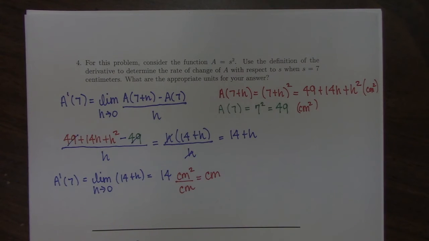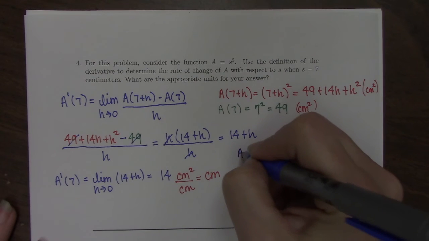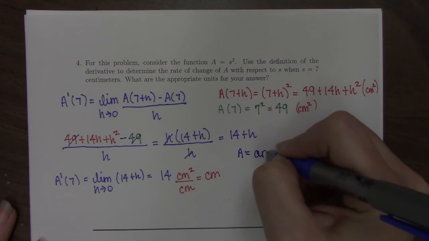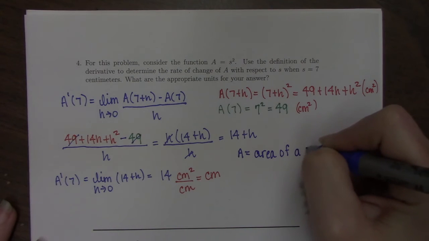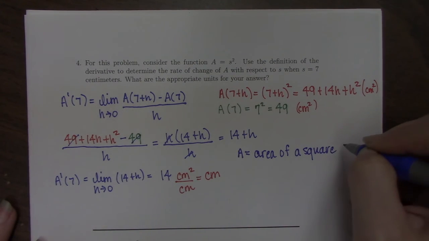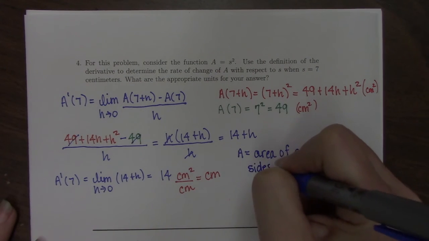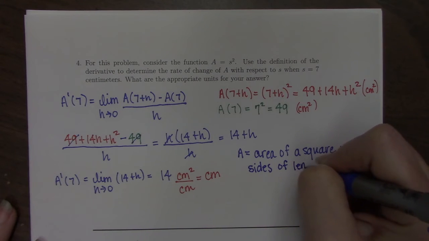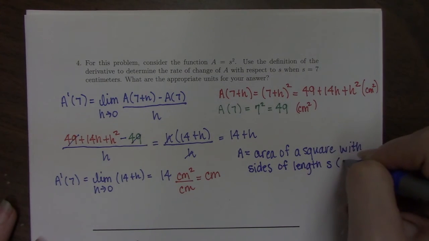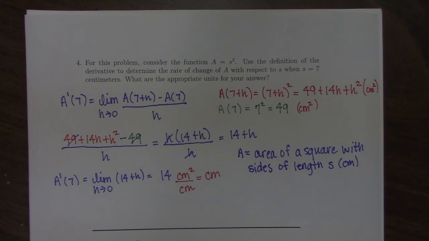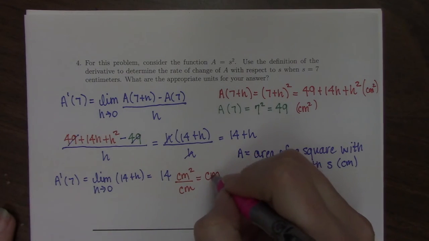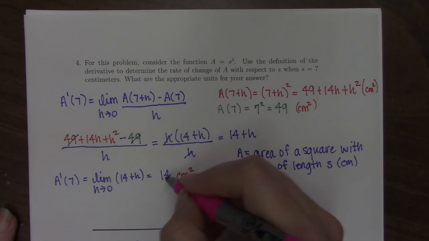Now, how do we interpret this answer? The first thing we need to know is that a is the area of a square with sides of length s, centimeters. So to interpret the derivative, I would say we got a positive 14 here. Remember, this is a rate.